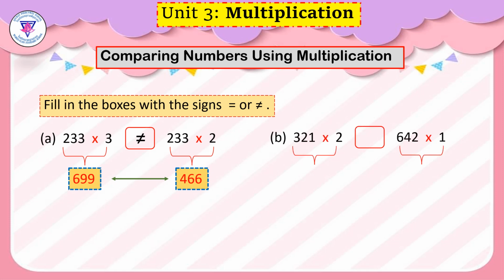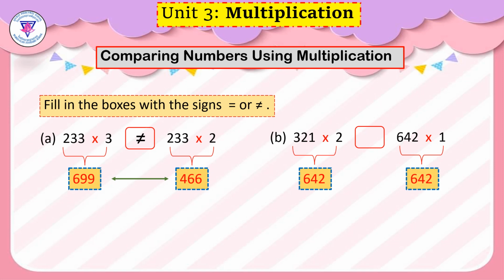So the given number in letter B is 321 multiplied by 2 and then 642 multiplied by 1. So the answer on the first number is 642.